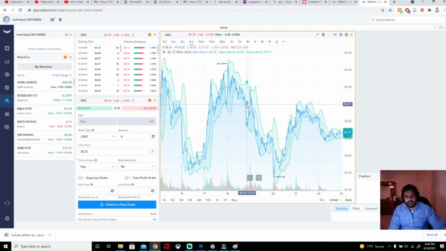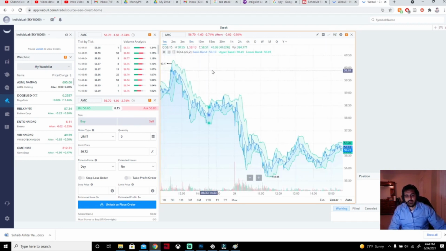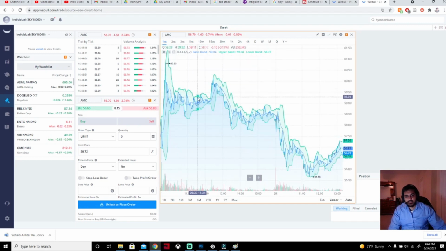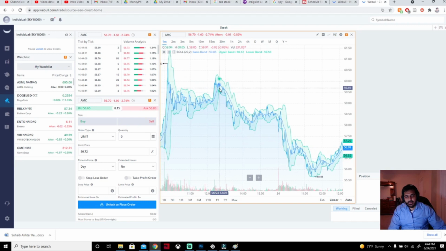Basically what it does is it gives you a good idea of uptrends and downtrends. You can see over here, this whole period of fall, it was trailing below the midline. It would always hit the midline and trail below it, and you can see this live as it's being traded.